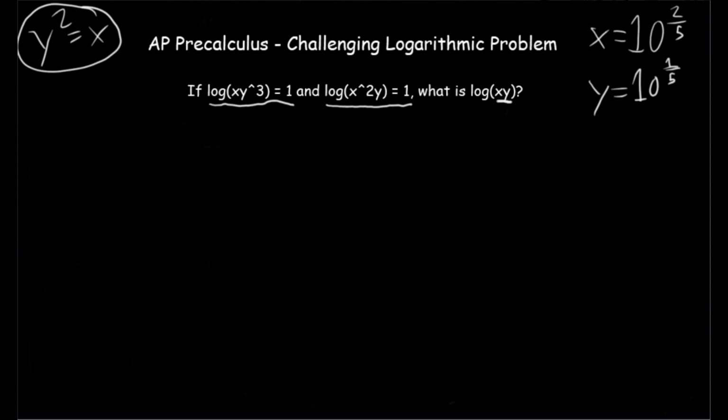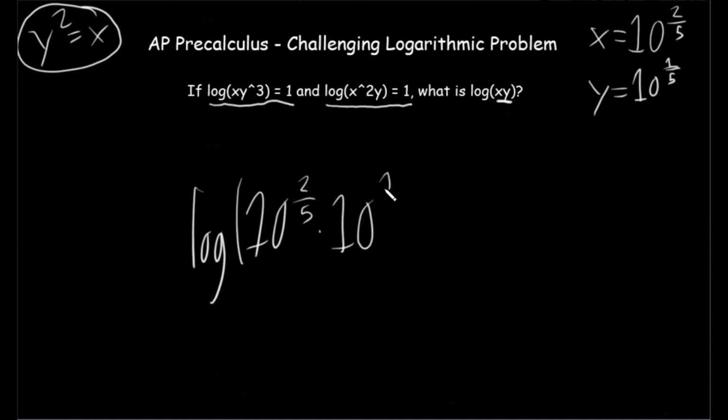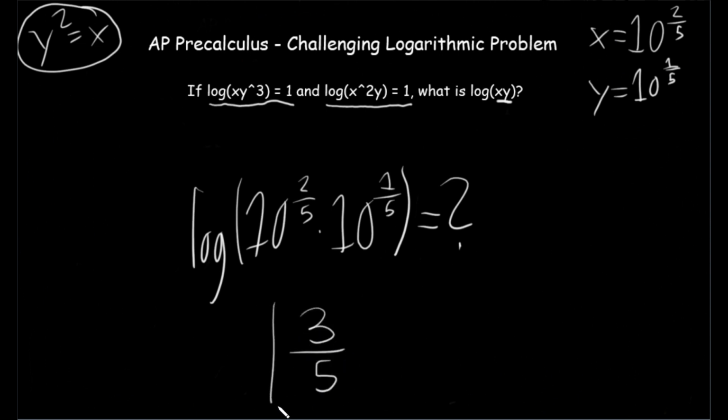So for the final blow, what you're going to have to write is log of 10 to the 2/5 power times 10 to the 1/5 power equals what? And your answer, spoiler alert, is 3/5.